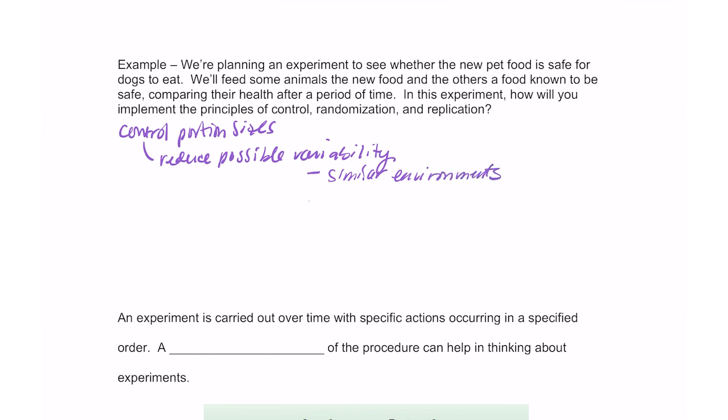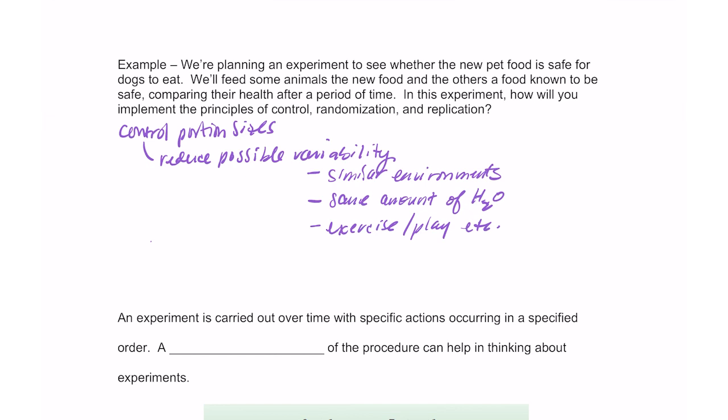You'd want to maybe ensure that they got the same amount of water. Should be H2O. Exercise, play, etc. Those are all things you would want to try to control.